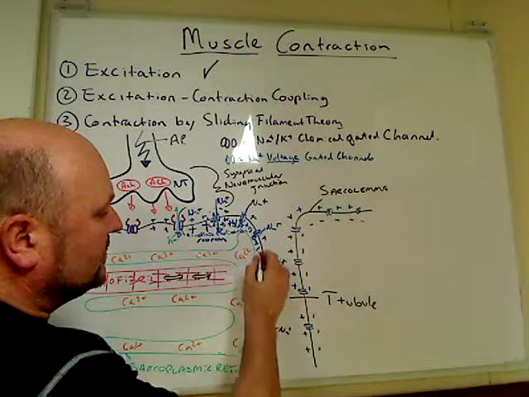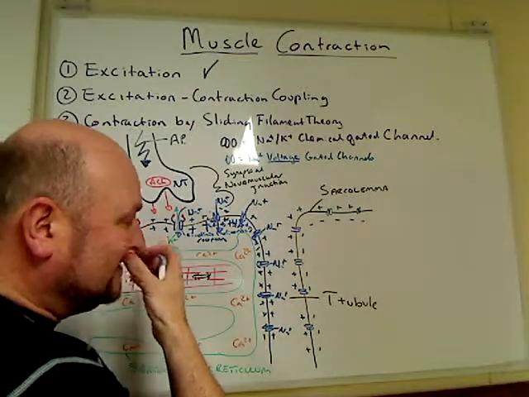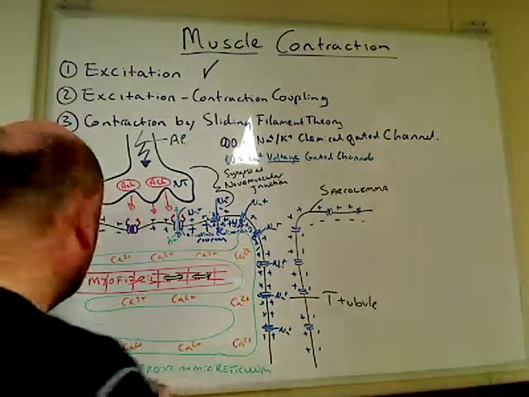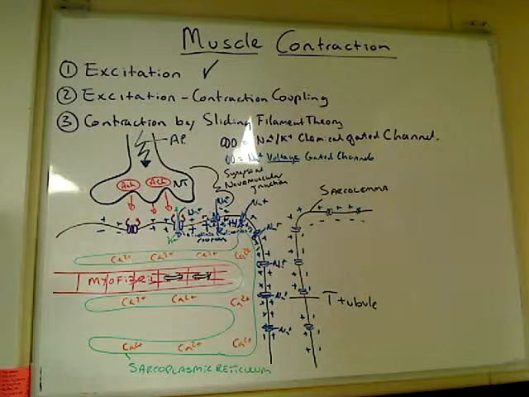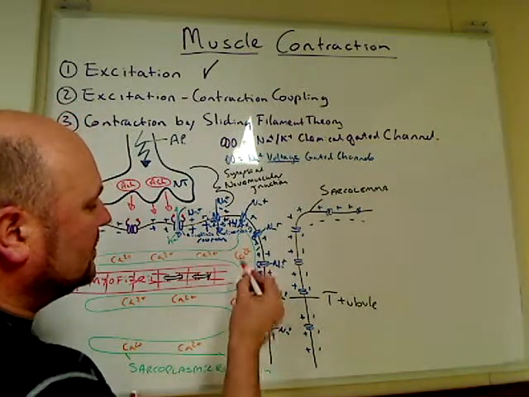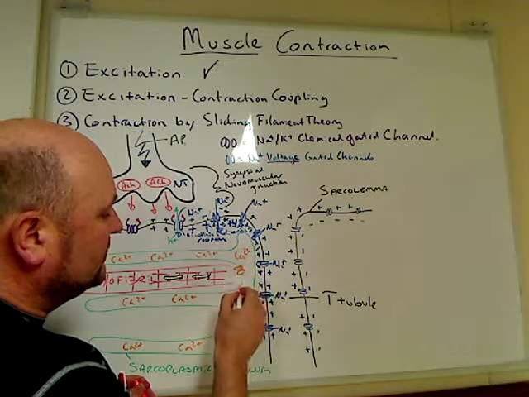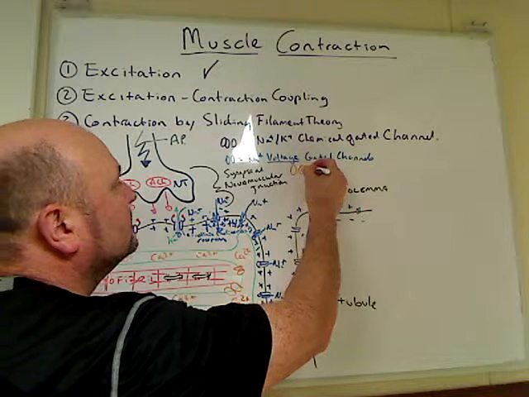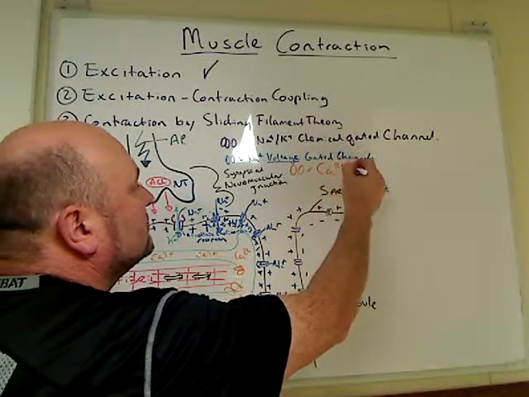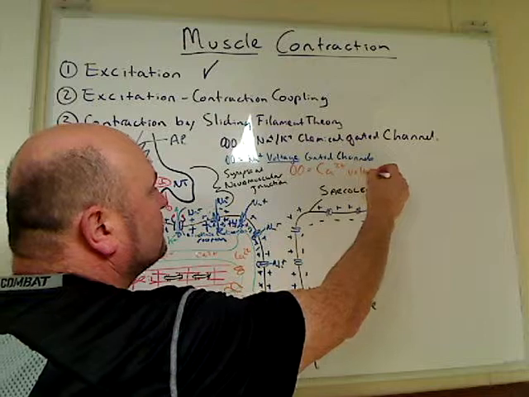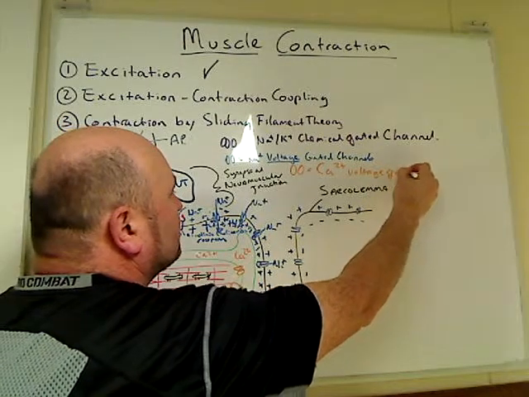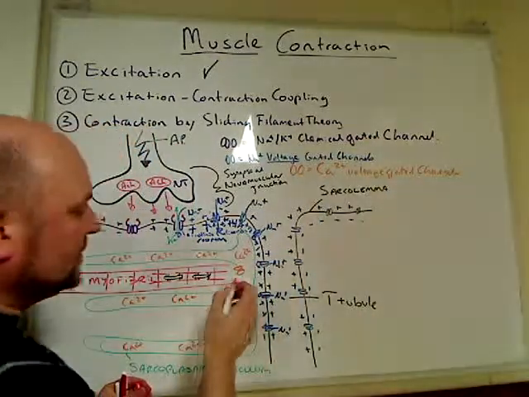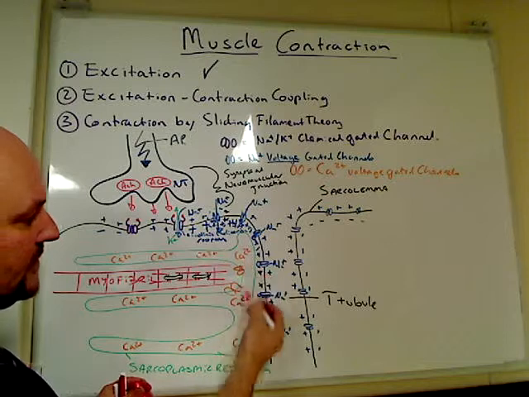And that creates all that positive charge on the inside, and whilst it's doing that, that positive charge is causing the opening of calcium voltage gated channels on the sarcoplasmic reticulum.